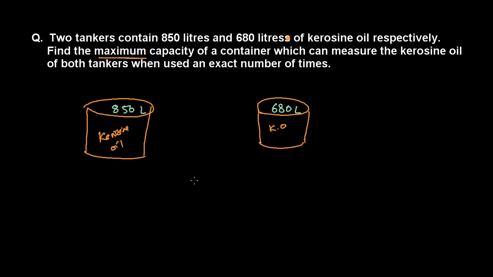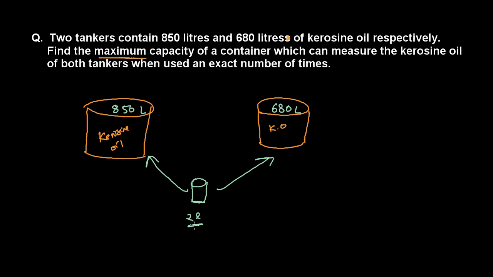Let me make a small container. So this is my container, suppose. With this container I can measure the oil of this tank and this tank an exact number of times. Suppose this container can hold 2 liters of oil.